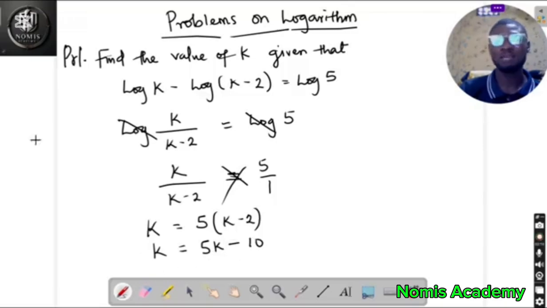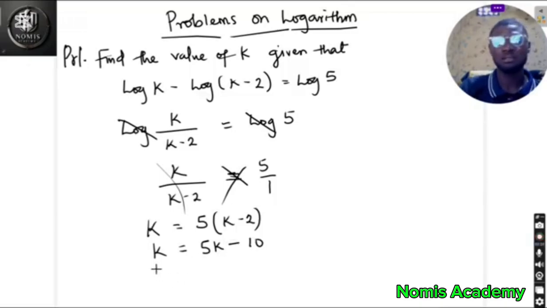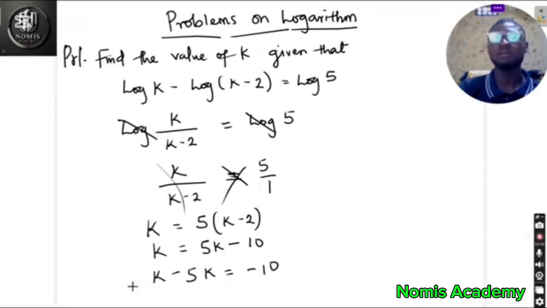So collect like terms. We see that k minus 5k is equal to minus 10. K minus 5k, that is 1k minus 5k, so that will be minus 4k equals minus 10.